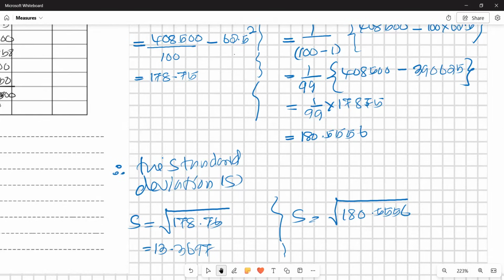The others, square root of 180.5556, is 13.4371. What if n is greater than 30?